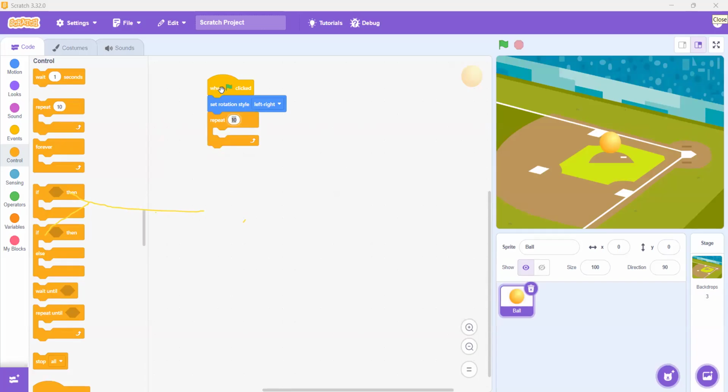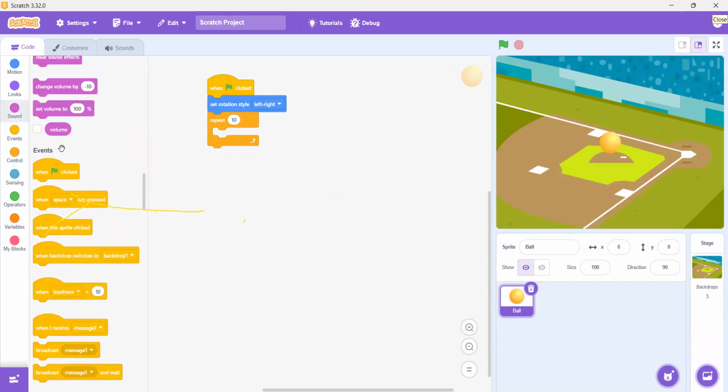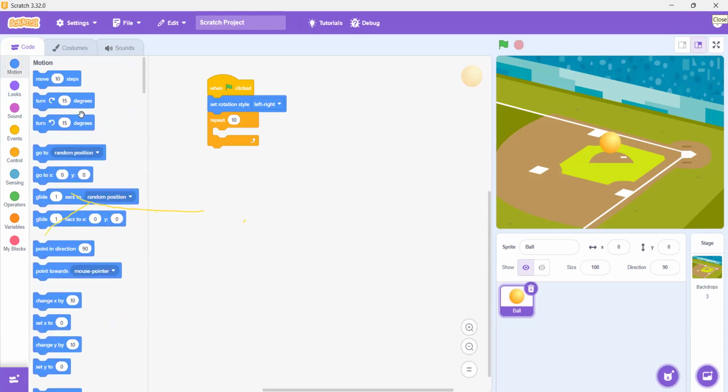Now when I click the ball, you can see it hasn't moved. But I have to move the ball. So to move the ball, I need repeat 10 steps. Repeat 10, and I'm saying 10 steps. 10 means 10 times 10 steps.